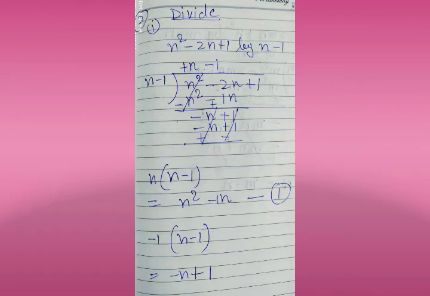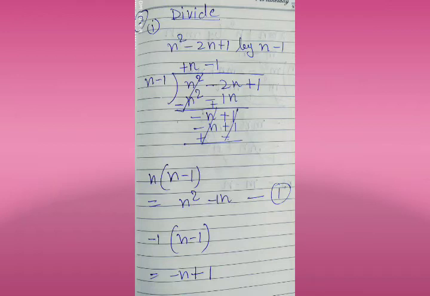Now minus n plus 1 is here and here is n minus 1. So with n minus 1 what will we multiply so that we get minus n plus 1? So we will multiply with minus 1. Then only we will get minus n plus 1. Clear? So we will multiply with minus 1, minus n plus 1. Now again we will change the sign.